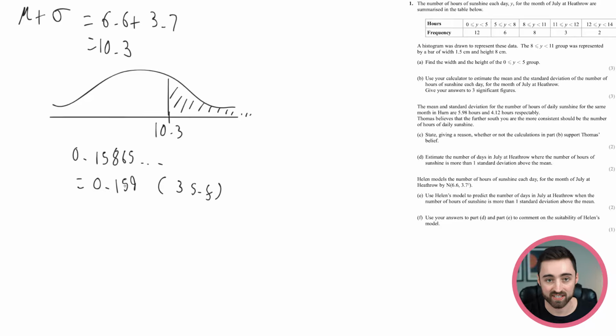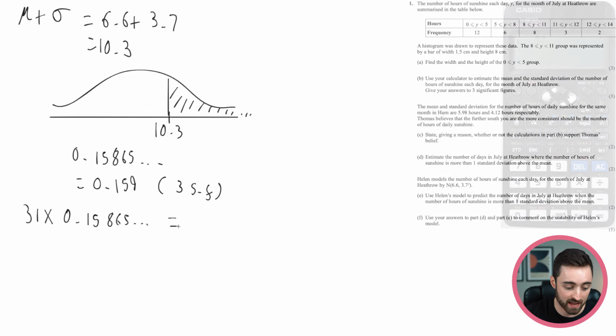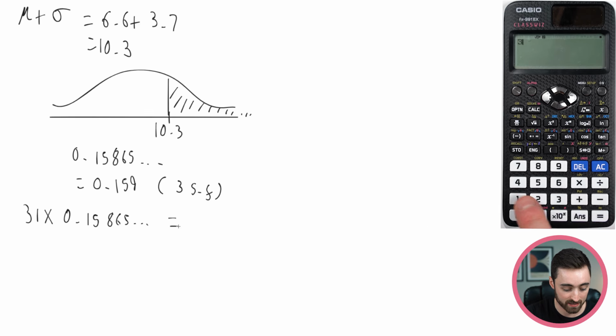That's the proportion, isn't it? Because it's the probability. Multiply that by the number of days in July, which is 31. So 31 multiplied by 0.15865... That's going to get me 4.9, which is about 5 days.